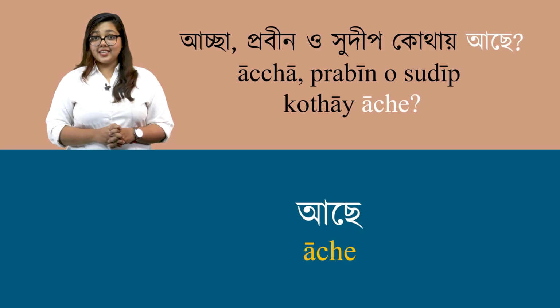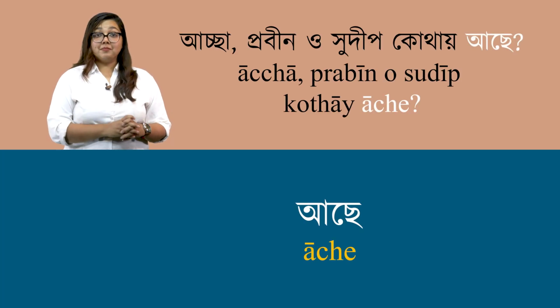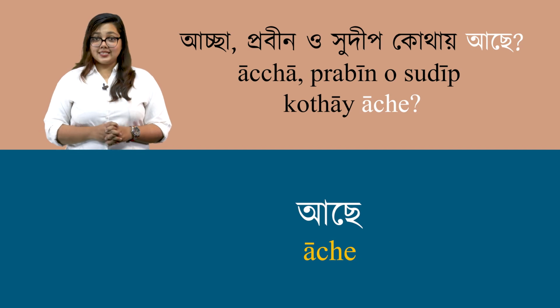When addressing with specific names, a nominative pronoun is not necessary as the names already function as subjects. Please observe the verb ache. Probin and Sudip are third person. Hence, the verb form ache has been used.